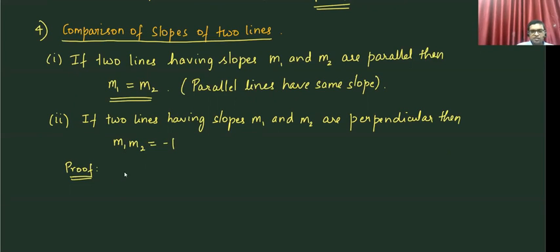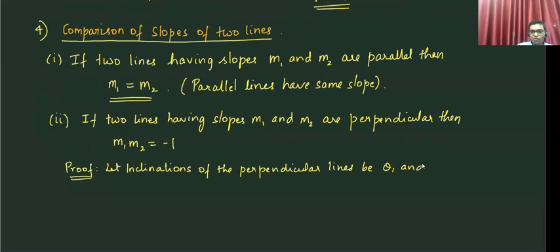But say this: let the inclinations of the perpendicular lines be θ1 and θ2. So θ2 is θ1 plus 90 degrees, correct?